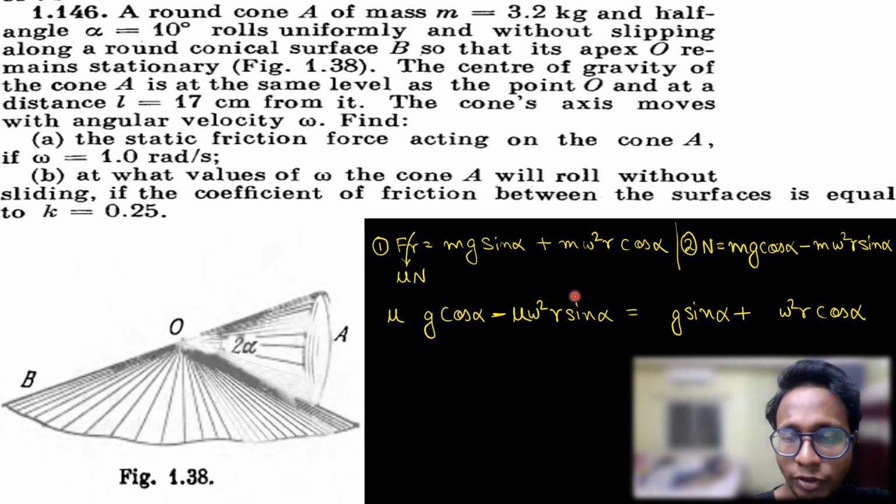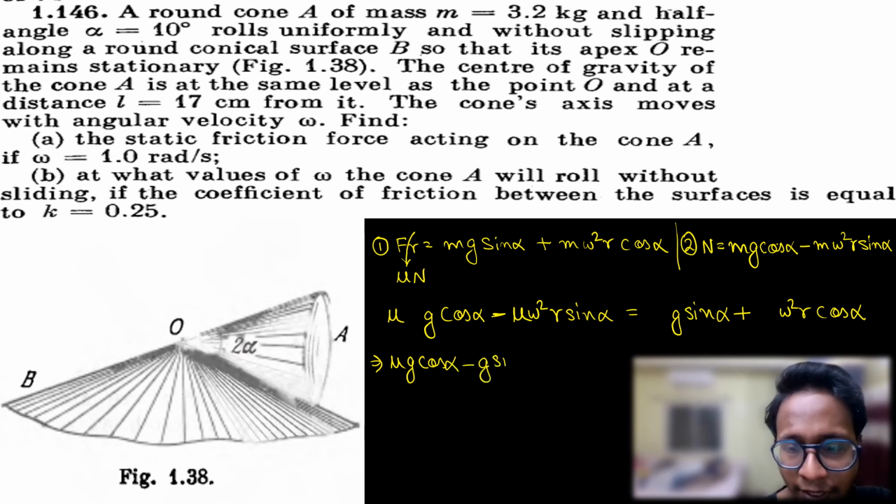So take all the terms containing omega square to one side and the remaining terms to the other side. This term I'm taking to the right and this term I'll take to the left. Mu g cos alpha minus g sin alpha is equal to mu omega square r sin alpha plus omega square r cos alpha.